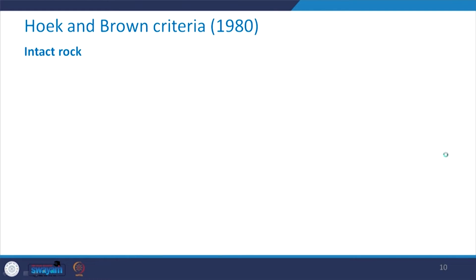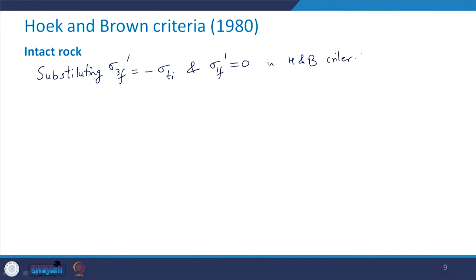Now, we just substitute sigma 3f equal to sigma ti with its appropriate sign. So, we substitute sigma 3f prime equal to minus sigma ti, and then sigma 1f prime is equal to 0 in the Hoek and Brown criterion equation.